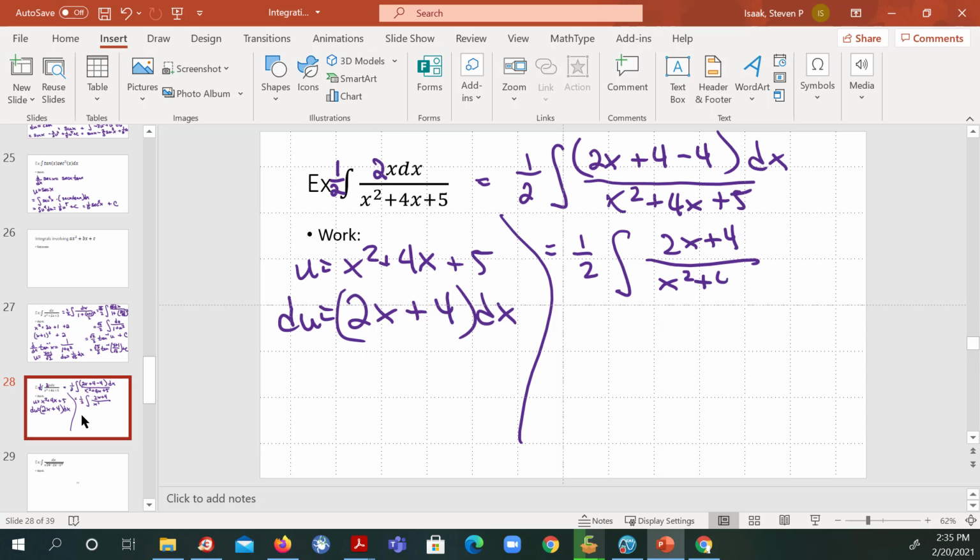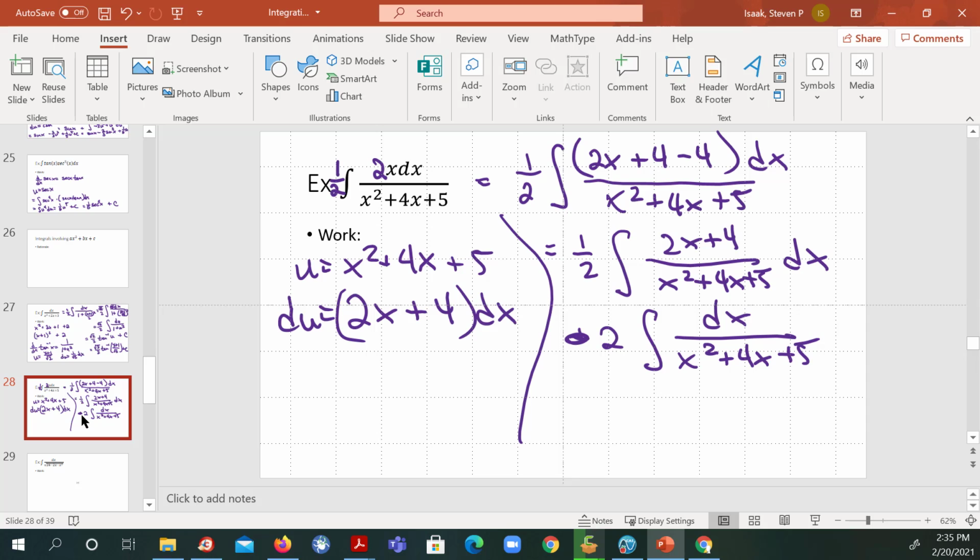Now that's a natural logarithm, ready to go. But this other one is minus, and 1/2 of 4 is 2. This is dx all over x squared plus 4x plus 5.